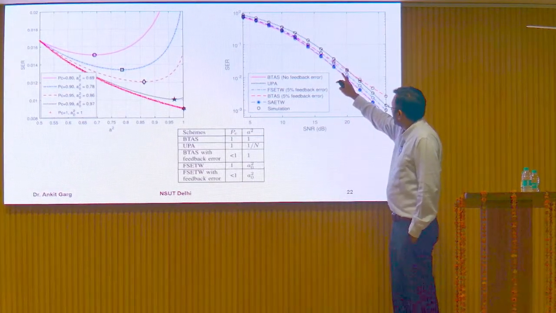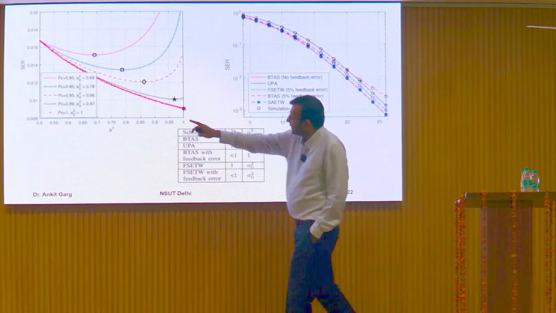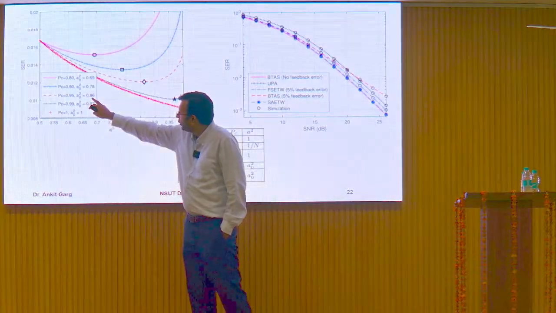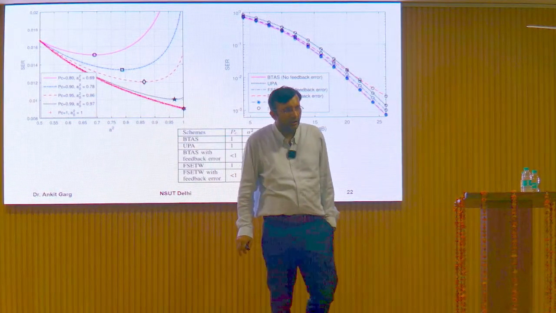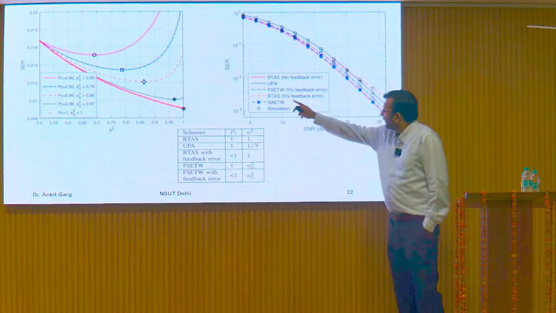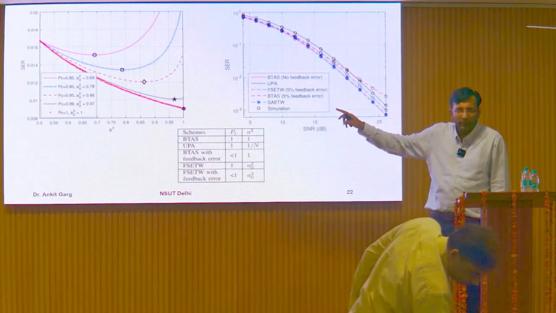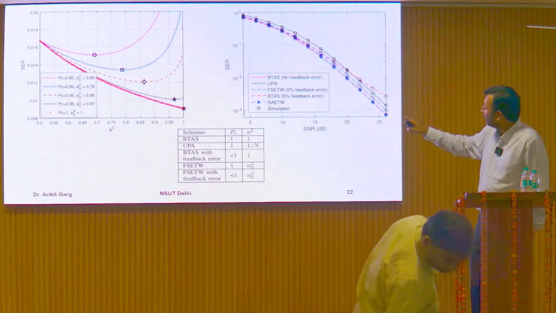Since we use the optimum power allocation for 5%, we choose the optimum value as 0.86. So we don't lose any diversity order. However, where we choose to select a single best antenna in the case of feedback error, we lose the diversity order.